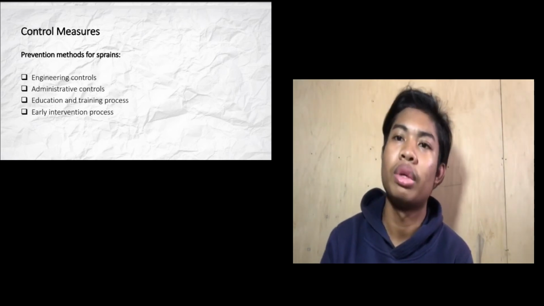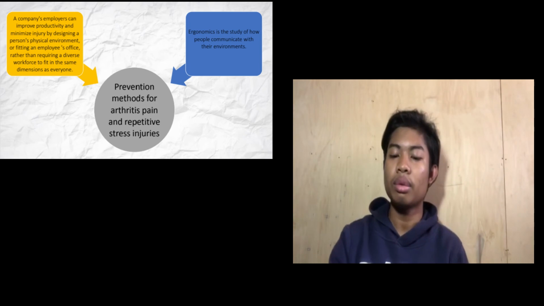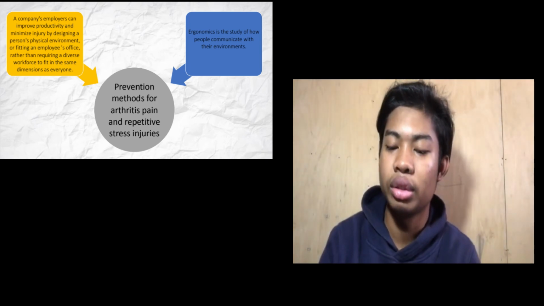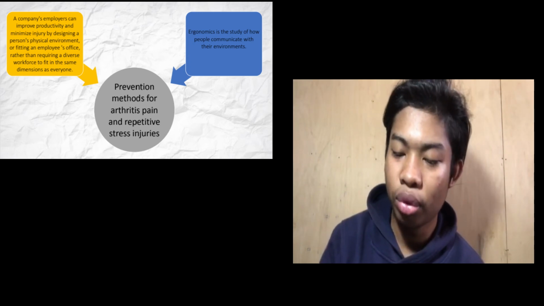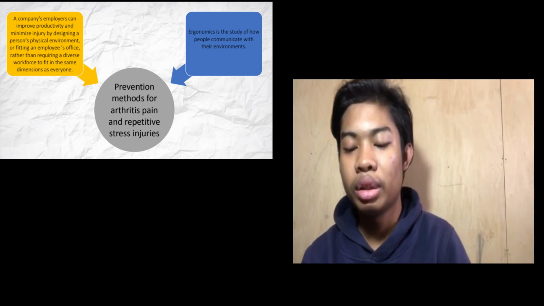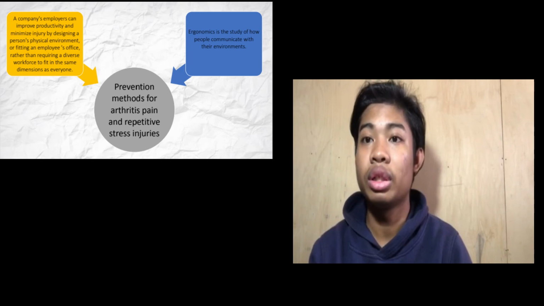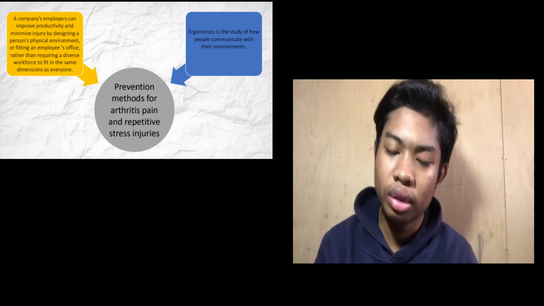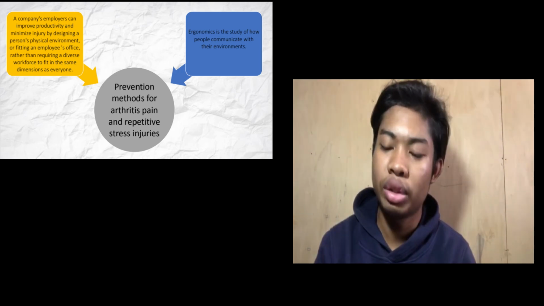Then prevention methods for arthritic pain and repetitive stress injury. A company's employer can improve productivity and minimize injury by designing a person's physical environment or fitting an employee in the office.